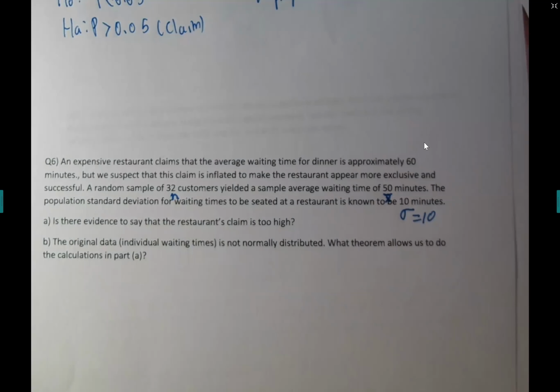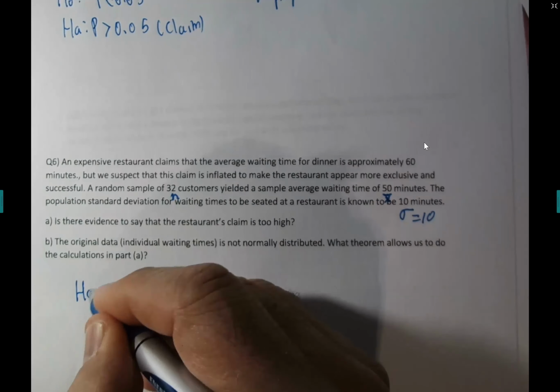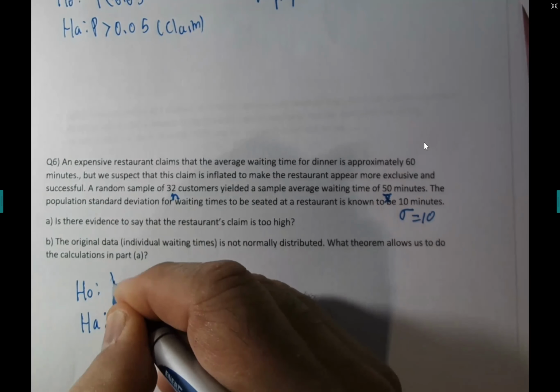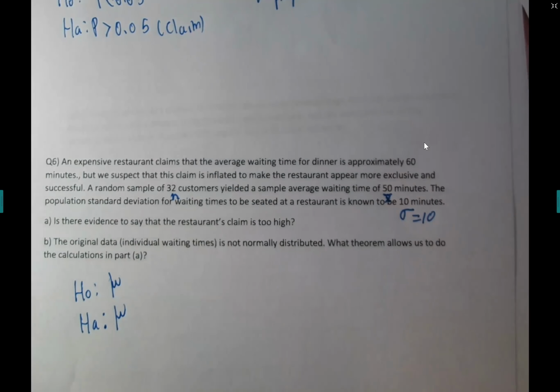How would you set up the null and the alternative, guys? Isn't the restaurant's claim the null? Okay, I need the claim with that simple mean. They claim it is 60. We think that this is inflated.